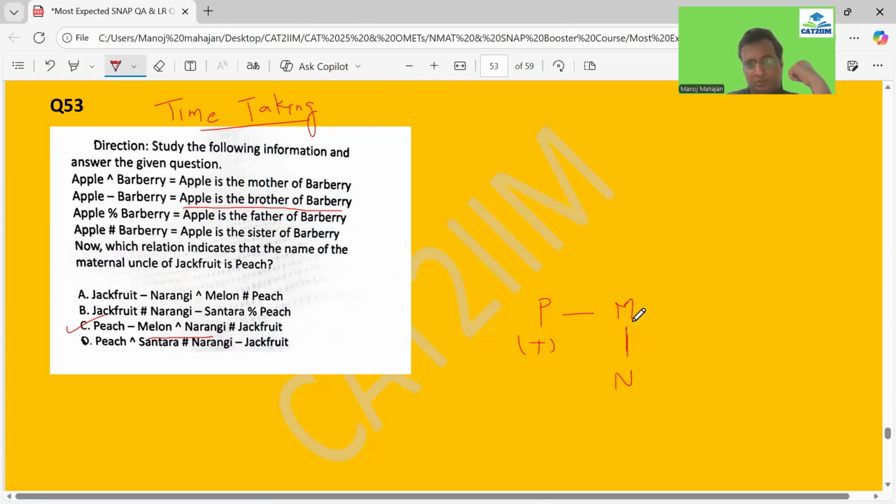Let me put it like this. Now when you come to narangi and jackfruit, this is the relation. Narangi is the sister of jackfruit, right? So can you put it like this?